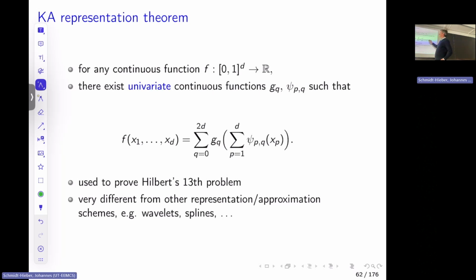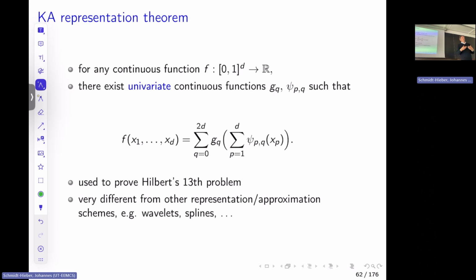So what he showed is a very strange thing, namely that any continuous function on the 1D to R can actually be represented by a composition of univariate functions. And the first time I saw this, I believed this must have been a mistake, because think about in how many ways you can write a multivariate function, how these x's that you have can interact with each other.